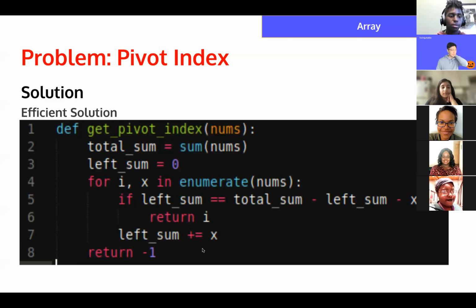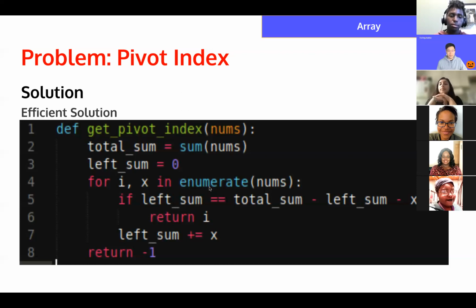Darren, I saw that you raised your hand. Yeah, I wanted to be clear: is i the position and x the value at the position? Yep, that is correct. Once again, this is in Python, so it may look different in the language that you work in.